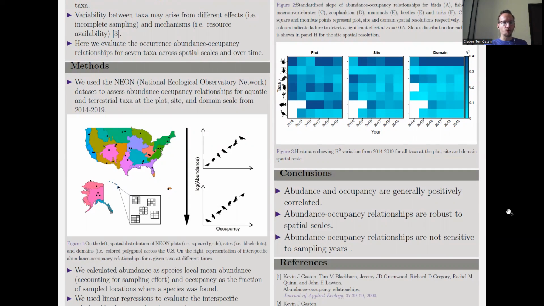We obtained abundance and occurrence data for all these taxa at three spatial scales: the plot spatial scale, the site spatial scale, and the domain spatial scale, from the years of 2014 through 2019.